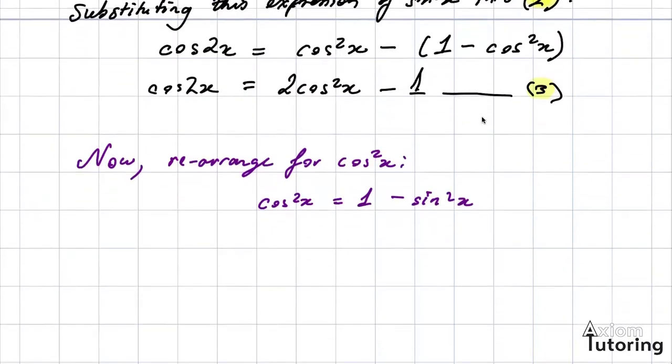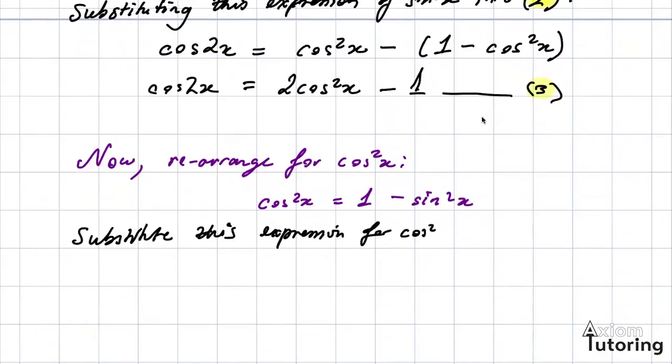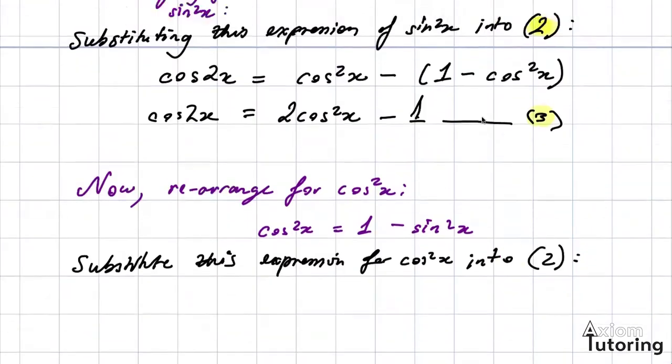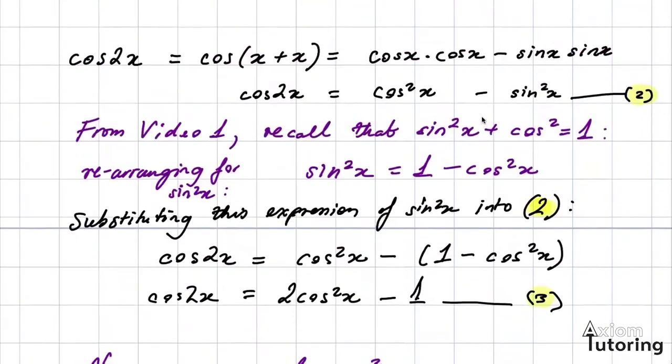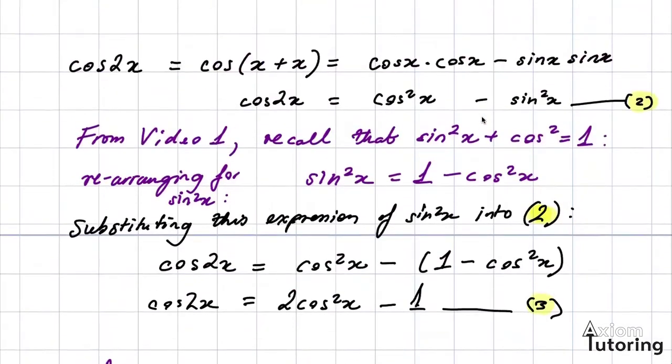So now what we're going to do is substitute this expression for cos squared x into our first expression of cos 2x. So that's our formula 1.